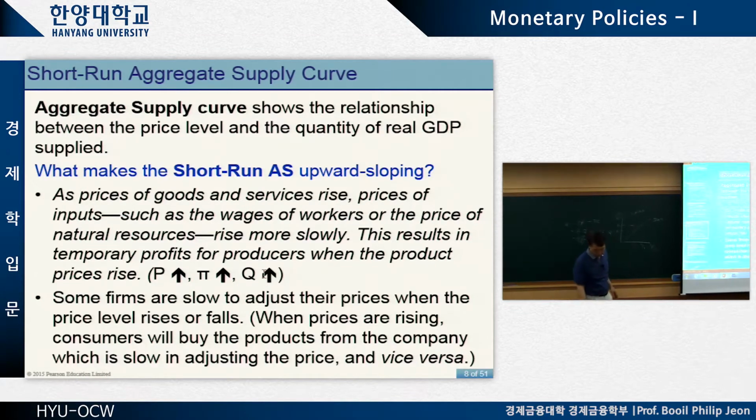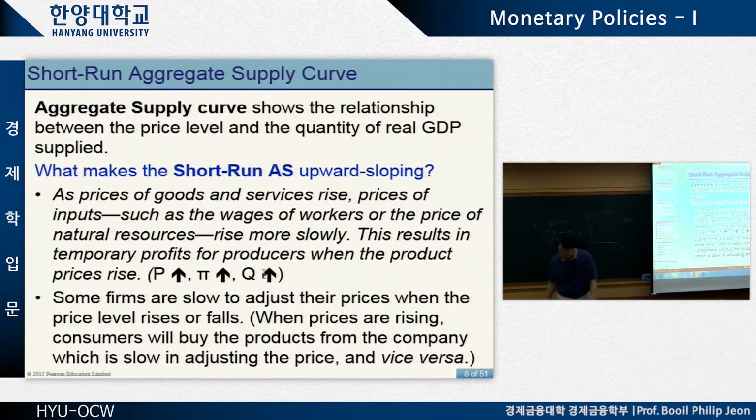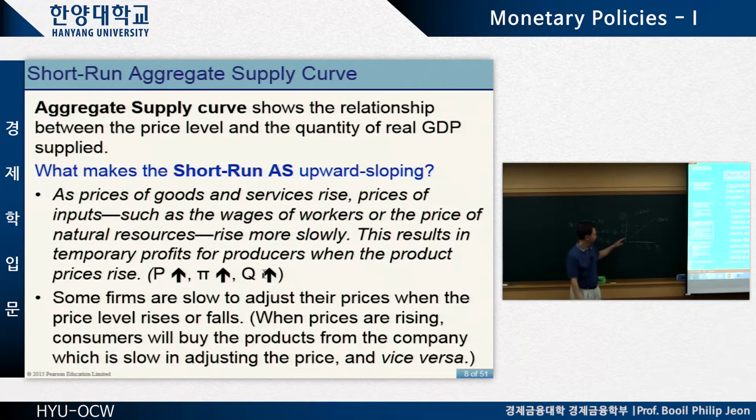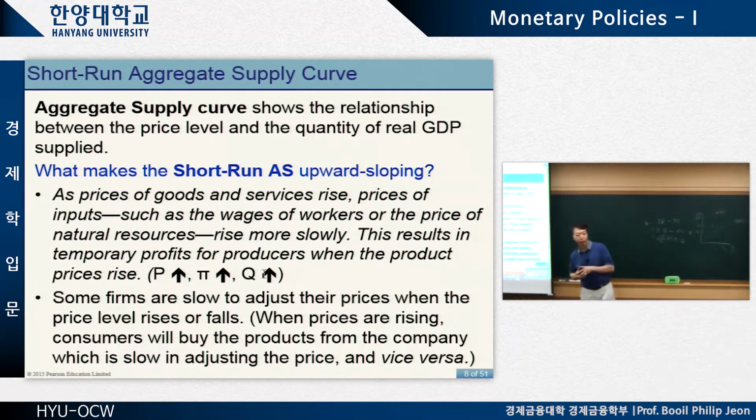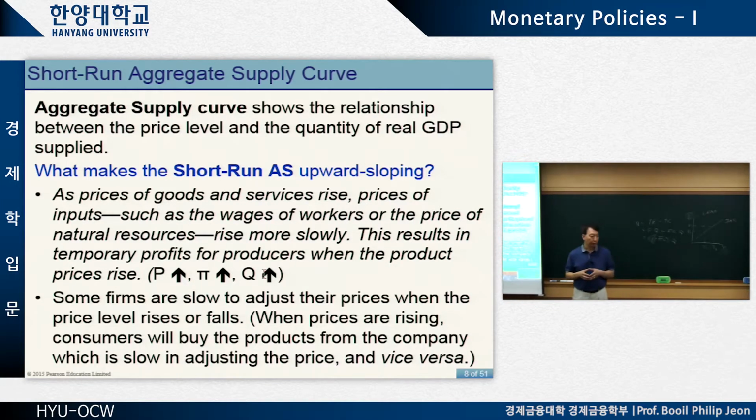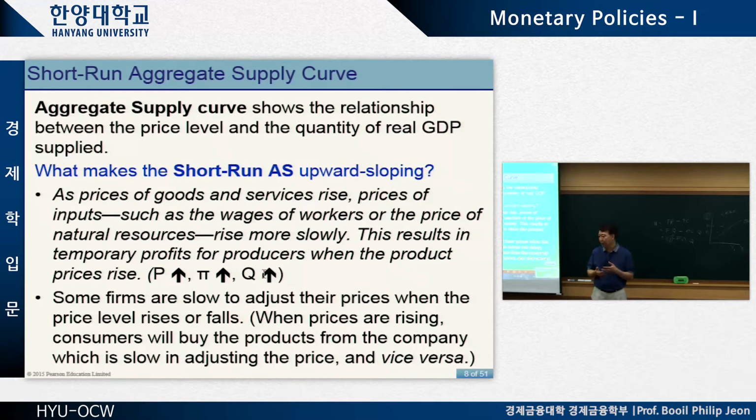So that's one explanation for this short-run aggregate supply. In a sense, people are kind of deceived, fooled. Producers temporarily misunderstand what's going on. They see that the price of their product goes up, so they think, temporarily, that the profitability increased, so they increase the output.